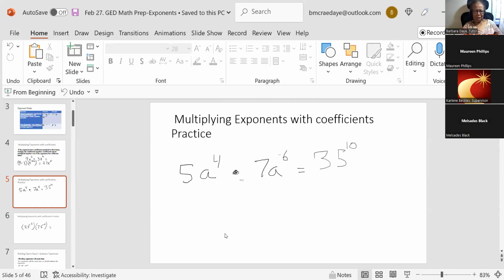So this will be a to the 4 times a to the 6. So this is a to the 4 plus 6, and that's equal to a to the 10th.